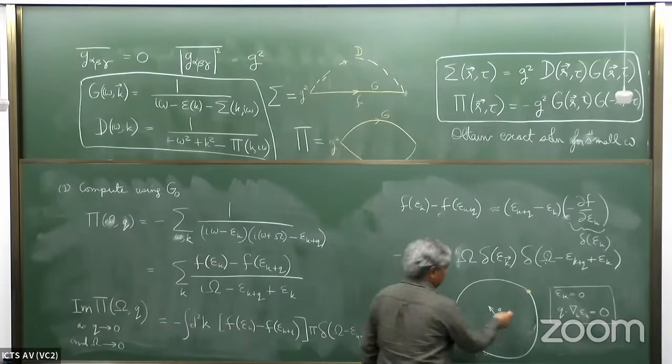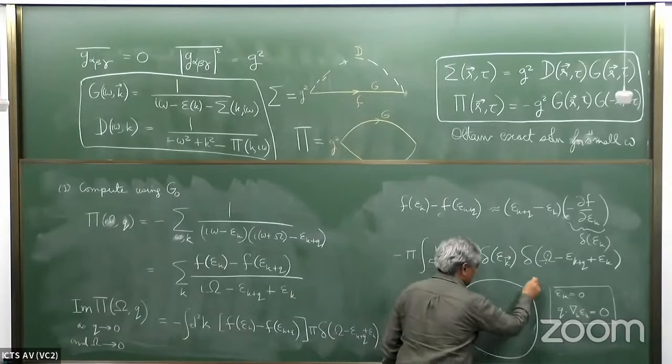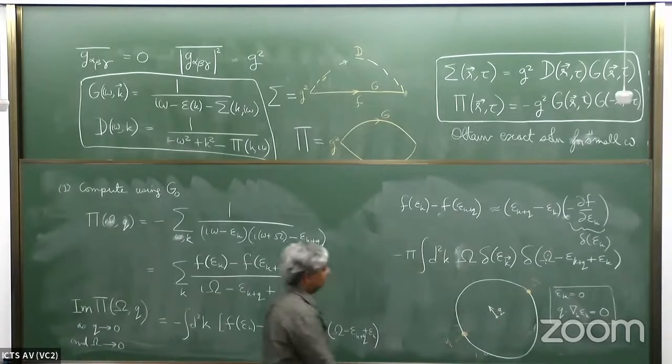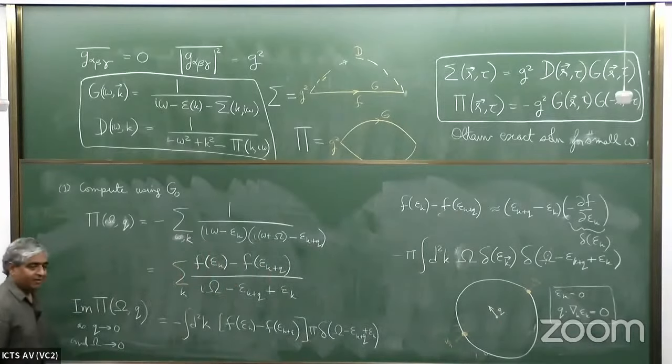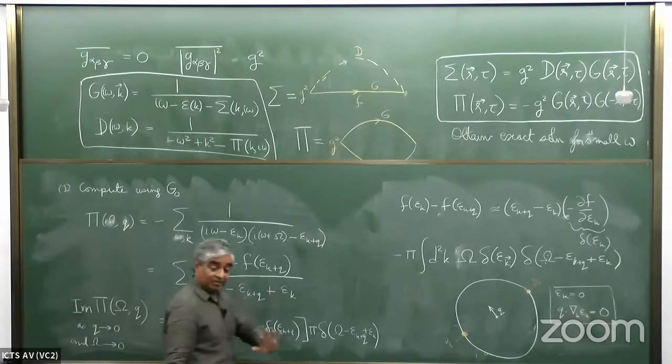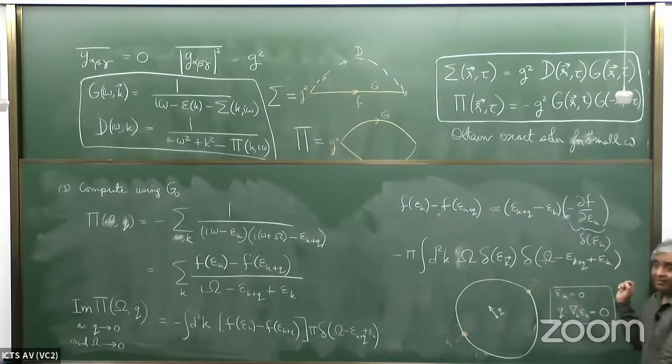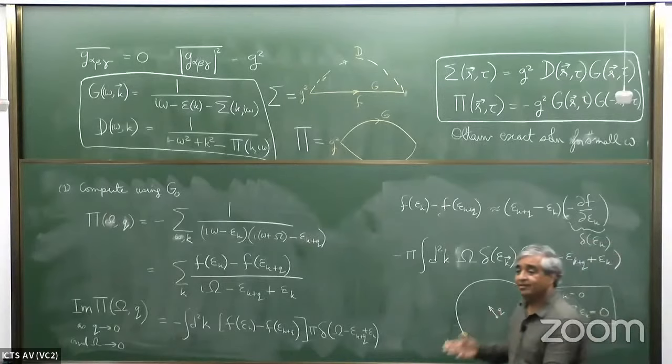Here the gradient is this way, this is grad of EK, and here, of course, it's that way, and they are orthogonal to Q. So the entire contribution to the low frequency behavior of the density correlation function comes from this pair of antipodal points.